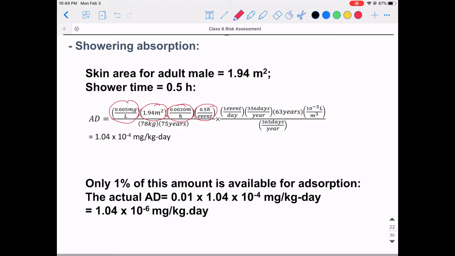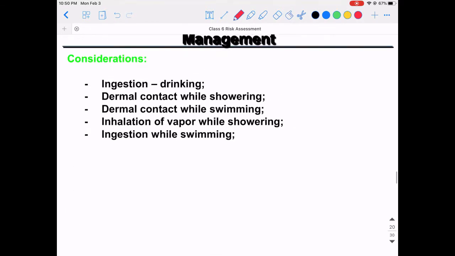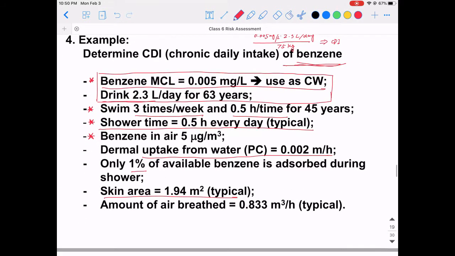For each event we have 0.5 hours, each day there's one event, and there are 365 days, and then 63 years, based on the average time. And again, in the denominator, we need to divide by the body weight and the average time, which is 75 years. That turned out to be 1.04 times 10 to the minus 4.